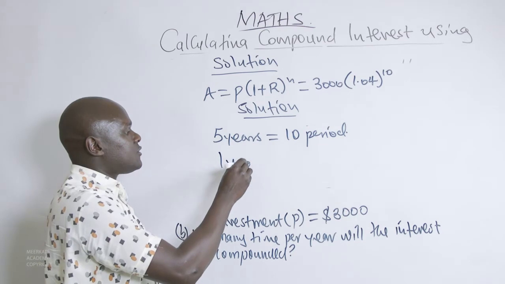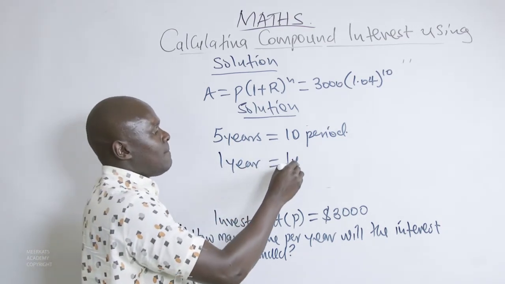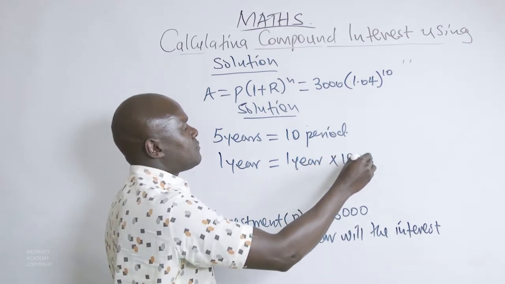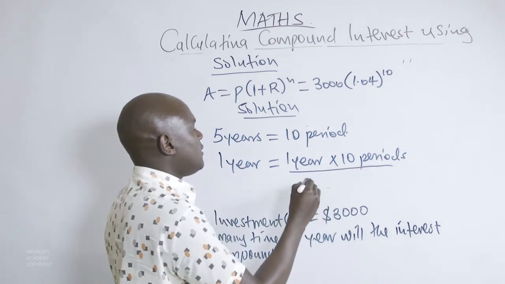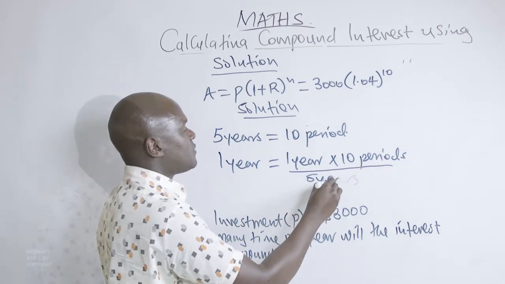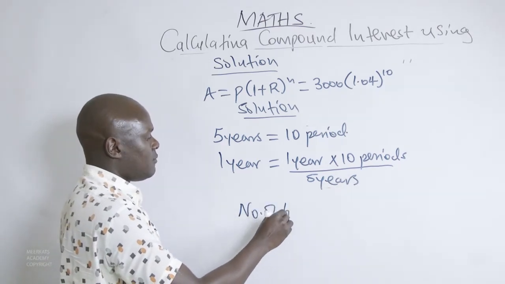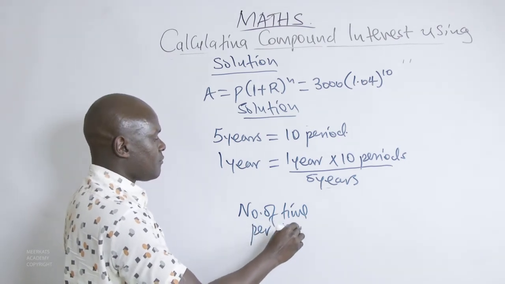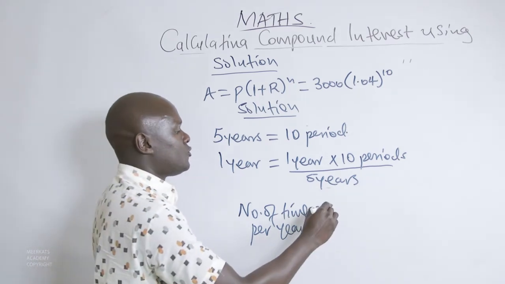So what about 1 year? In just 1 year, this will be equal to 1 year multiplied by 10 periods divided by 5 years. And this will give us the number of times per year. The number of times per year will be equal to 2.